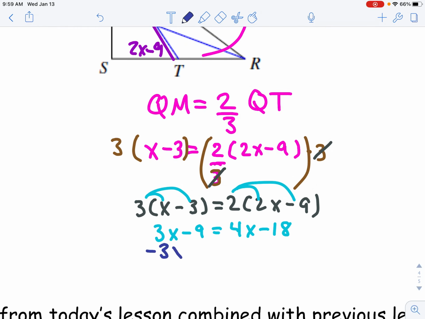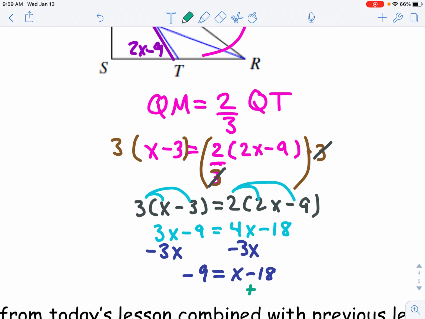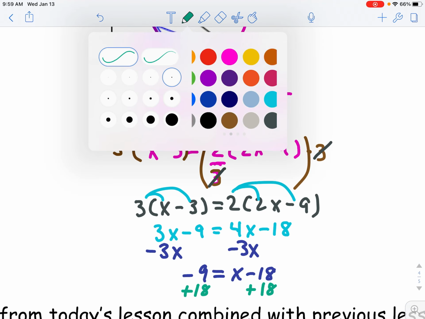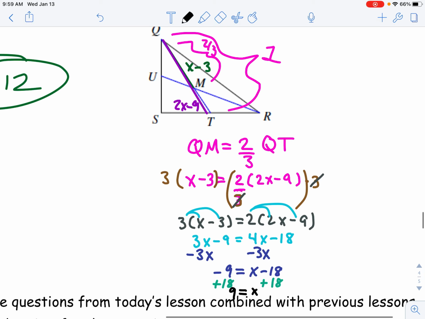Then I'm going to subtract 3x from both sides. I've got to get my x's together. And 9 equals x.